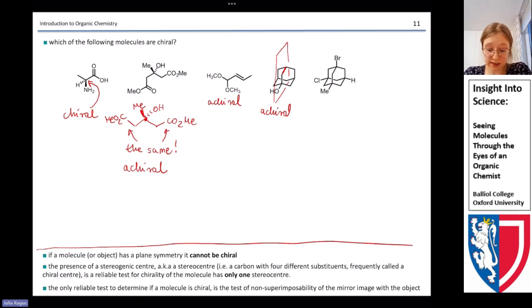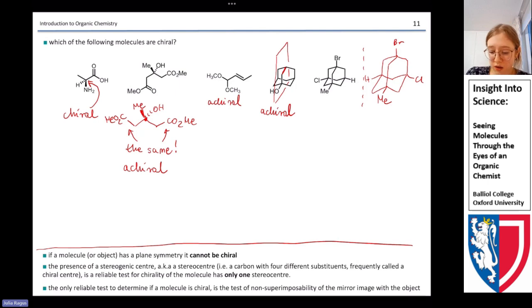And now with the last example, let's just draw the mirror image of this one. It's a little bit tricky to draw, but with a little bit of practice, I'm sure you will get there. Okay, so we've got our bromine here, our hydrogen here, chlorine here, and then methyl here.